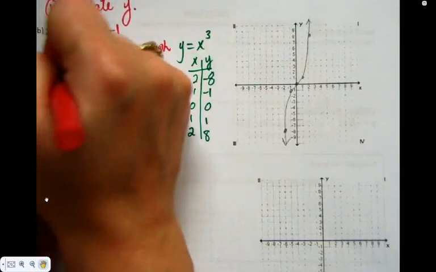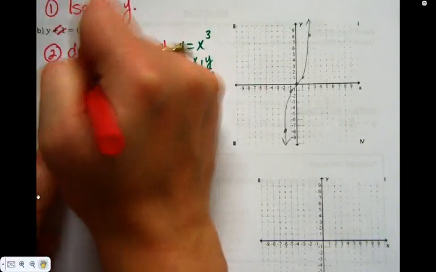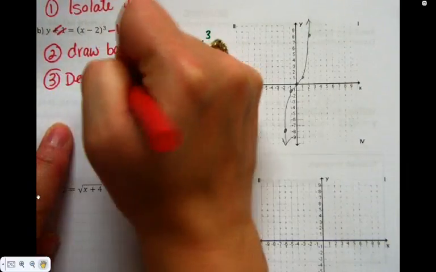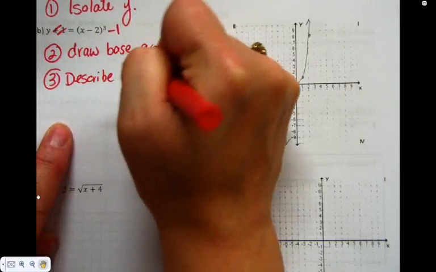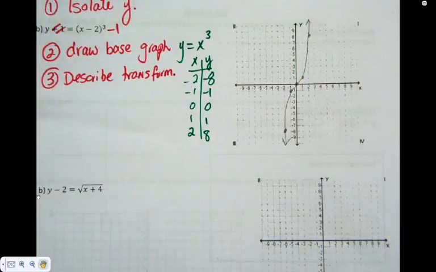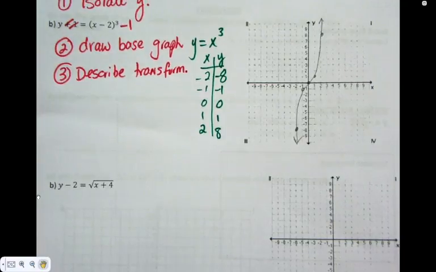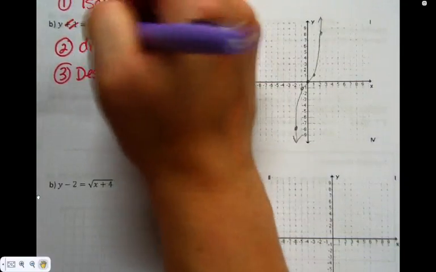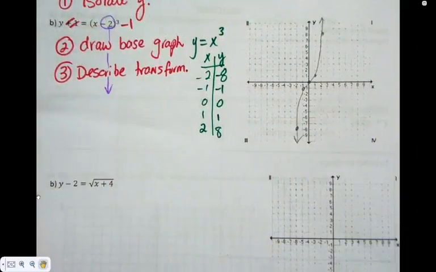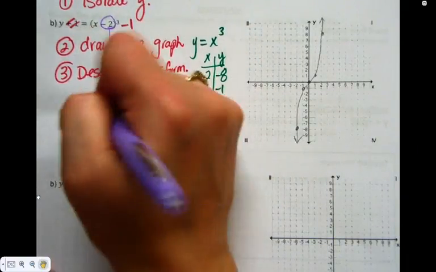Step number 3, describe the transformations. The -2 here is inside brackets. Inside means it is horizontal.